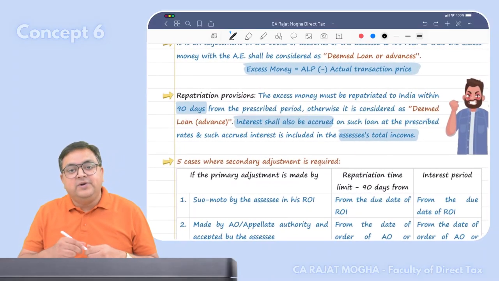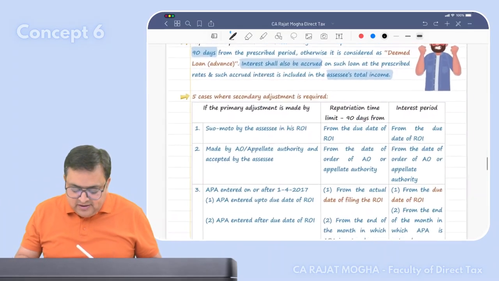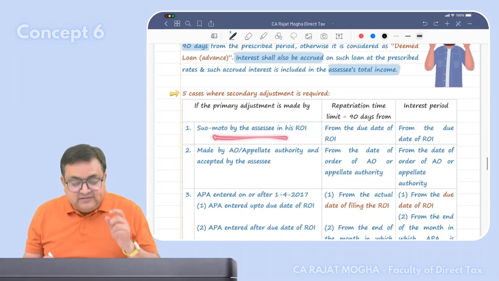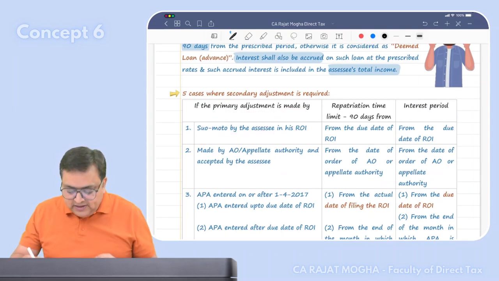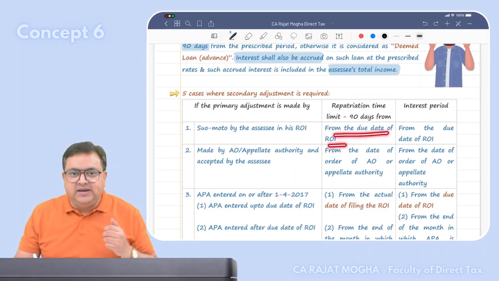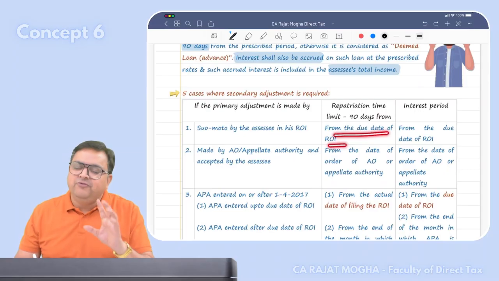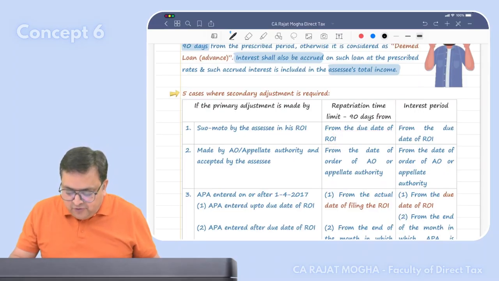See, it's written over here now, 90 days from the prescribed period. Now it depends on what the circumstances are and what the prescribed period would be. So here, if the circumstance is that the assessee has made the primary adjustment suo motu, then from the due date of ROI, you have to bring this money. And if you bring this money within 90 days, no issues. But if you don't bring this money, the interest period will start from the due date of ROI.